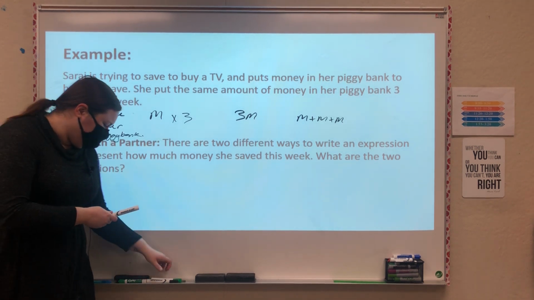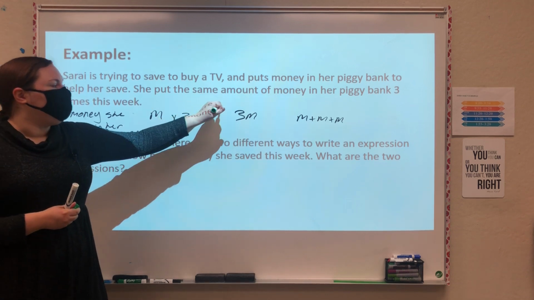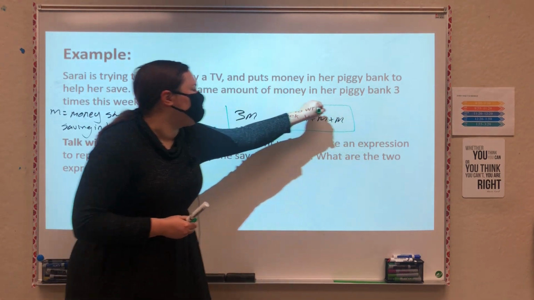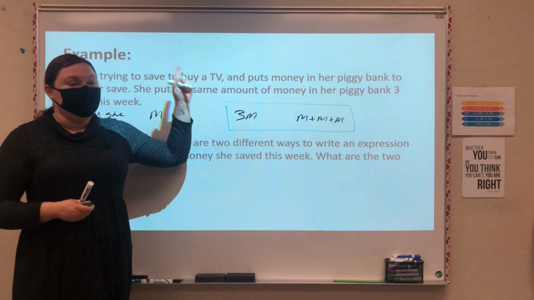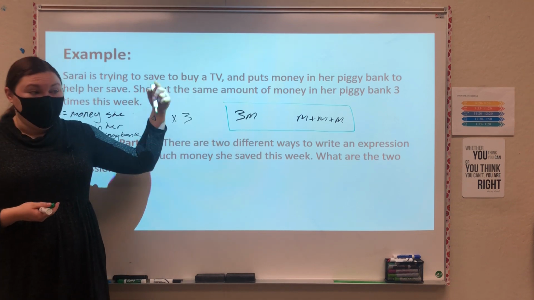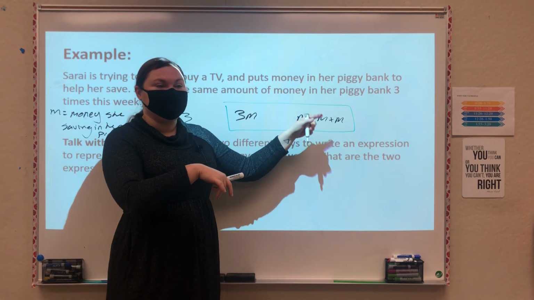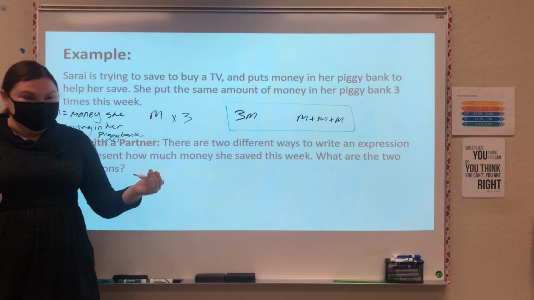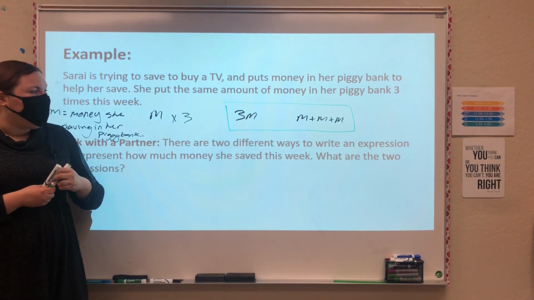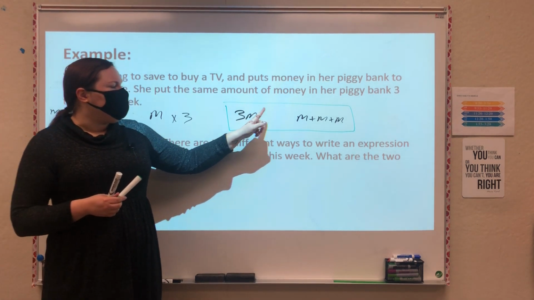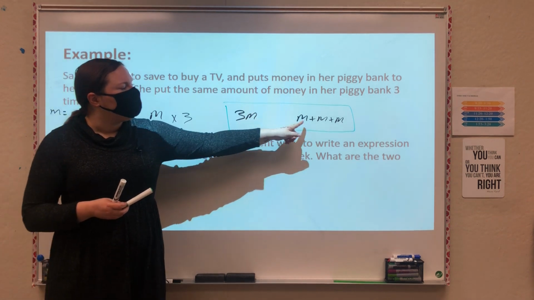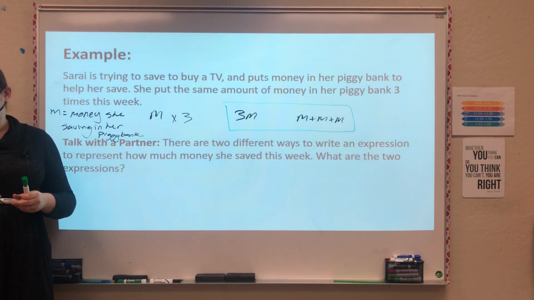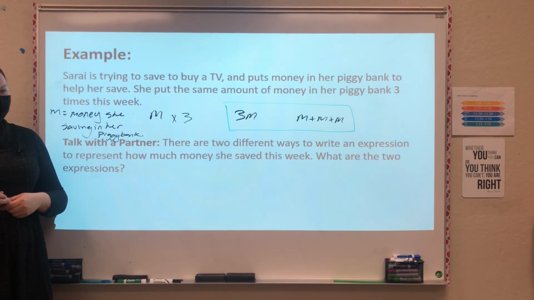This right here is what we wanted to get to. This idea that you can represent this with 3M, or you can represent it with M plus M plus M. Those ideas are the same thing. Do you notice anything that these have in common? Just 3 M's.